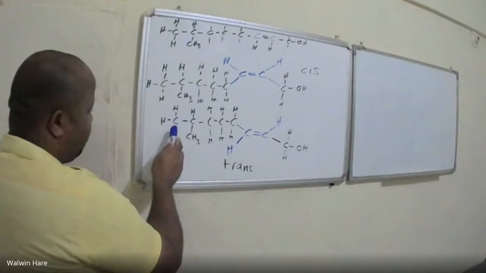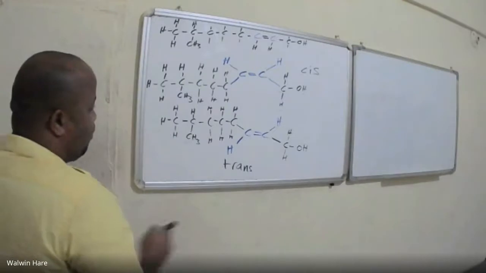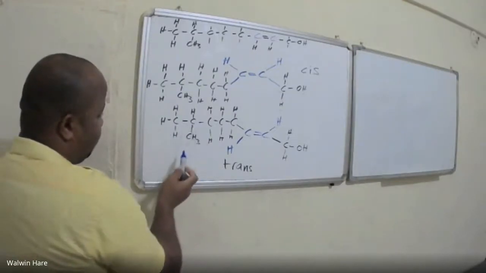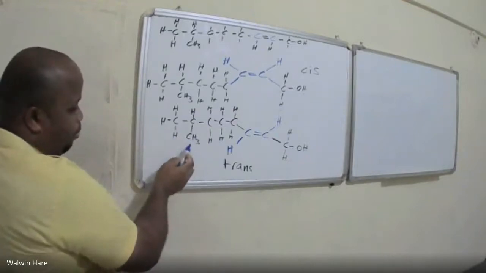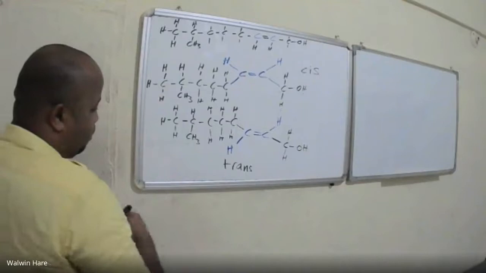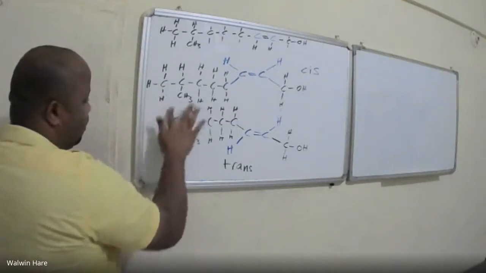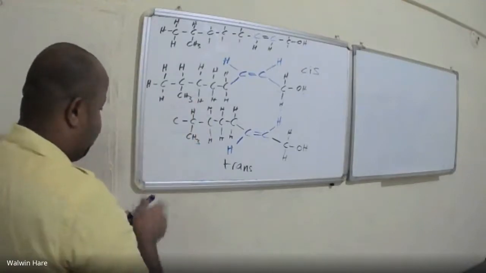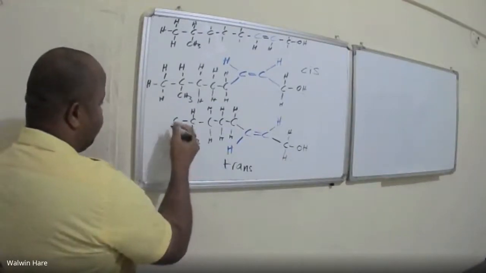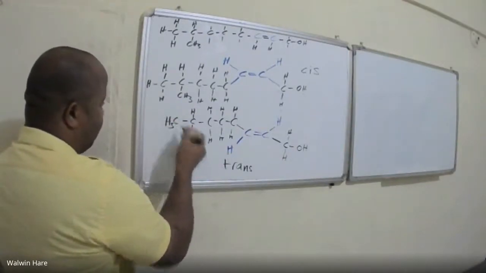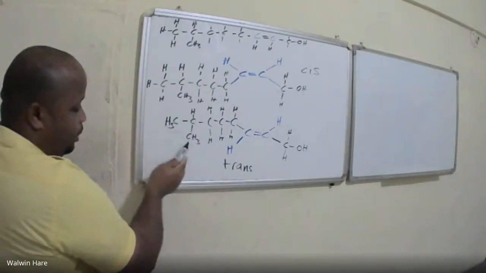And if we start from here, this carbon has 3 hydrogens, so it cannot work. This carbon has a hydrogen, a CH3 group, but remember, this is also a CH3 group. So let me just do the condensed formula so you don't think it's a different group. It is still CH3. Alright? So this carbon has 2 methyl groups attached to it.